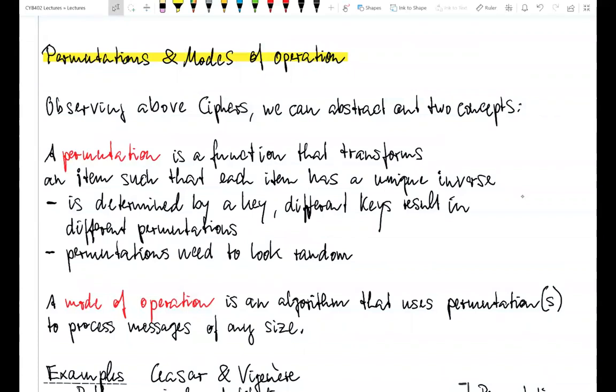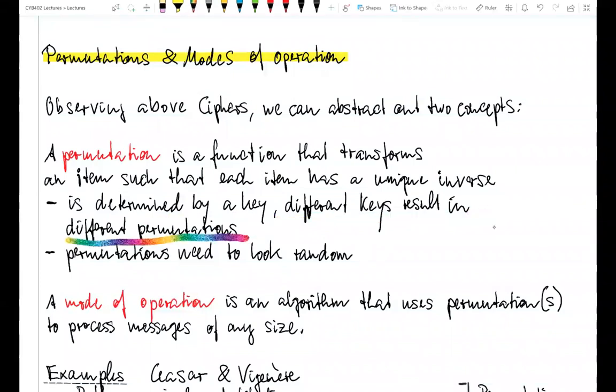So you have seen simple permutations in the Caesar cipher, where letters are mapped in a fixed way. So in modern ciphers, that permutation is actually changing depending on a key. So the permutation is determined by a key.